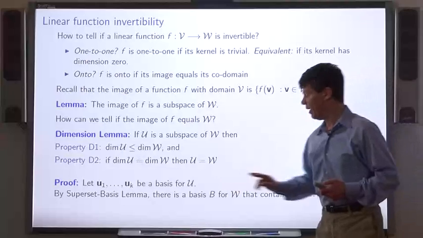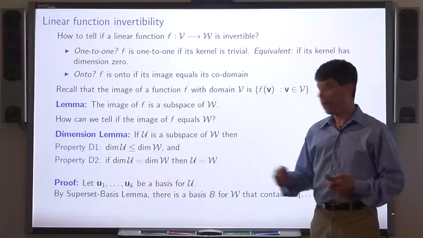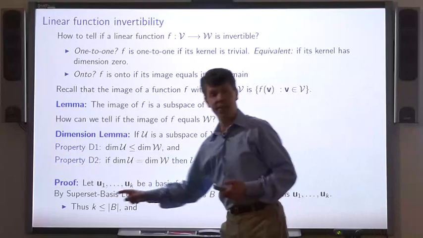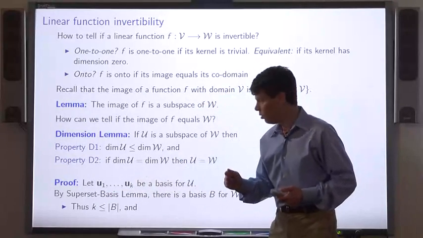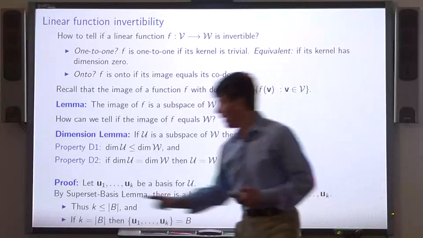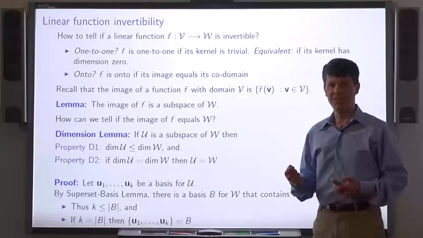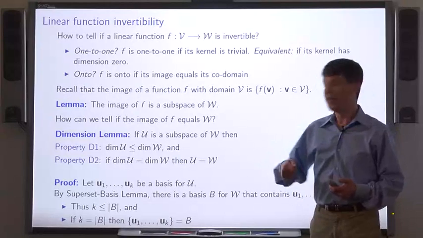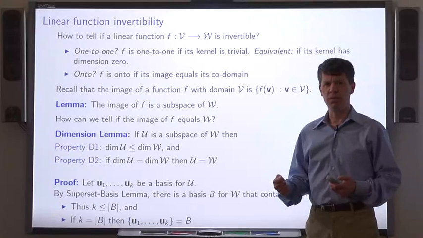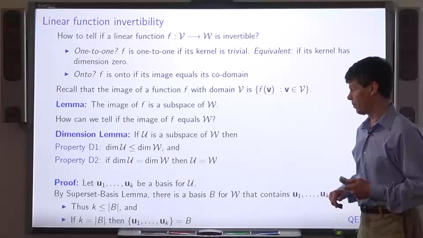So there's a basis B for W that includes U1 through UK, the basis vectors for big U. Well, that shows that K, the number of vectors in the basis for U, is no more than the cardinality of B. And in fact, if K equals the cardinality of B, then we must not have added any vectors to get B. So the basis U1 through UK of U is also a basis of W. And therefore, U has to equal W. So that proves the dimension lemma.